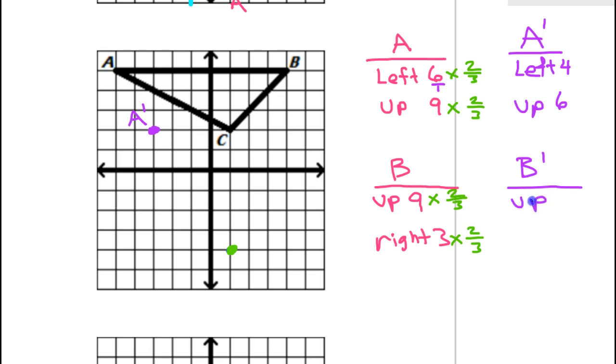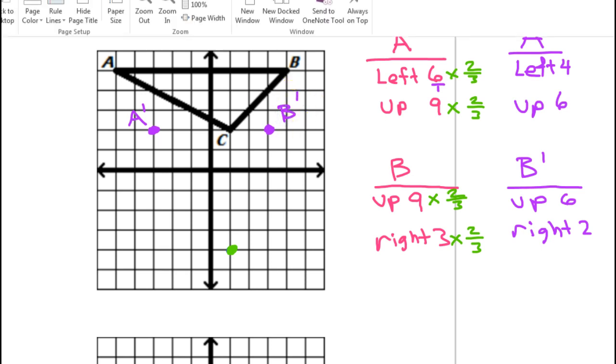So I'm going to need to go up 6. 3 times 2 is 6, divided by 3 is 2. So I need to go right 2. So up 6 and right 2, that should take me to B prime. Starting from the center, I will go up 6 and right 2. So this should be B prime.